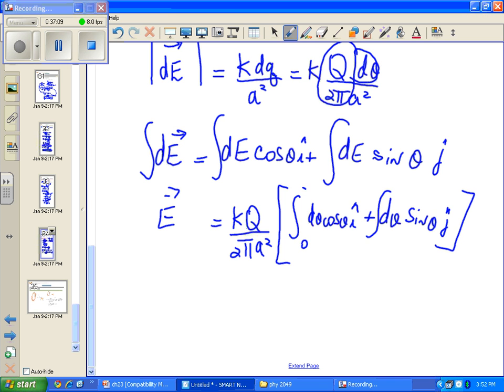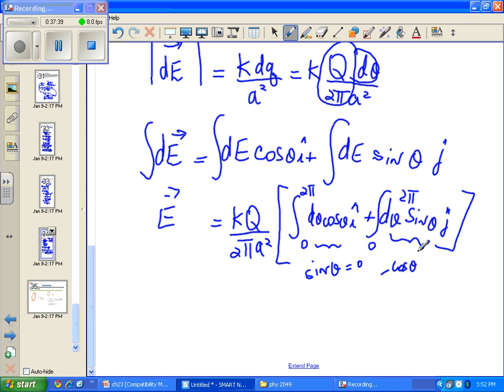Our theta is going to go from 0 to 2 pi. Now, when we carry out the integration, the integral of cosine theta d theta is sine theta. And when we enter these endpoints, sine of 2 pi is 0, sine of 0 is 0, so no contribution from Ex.